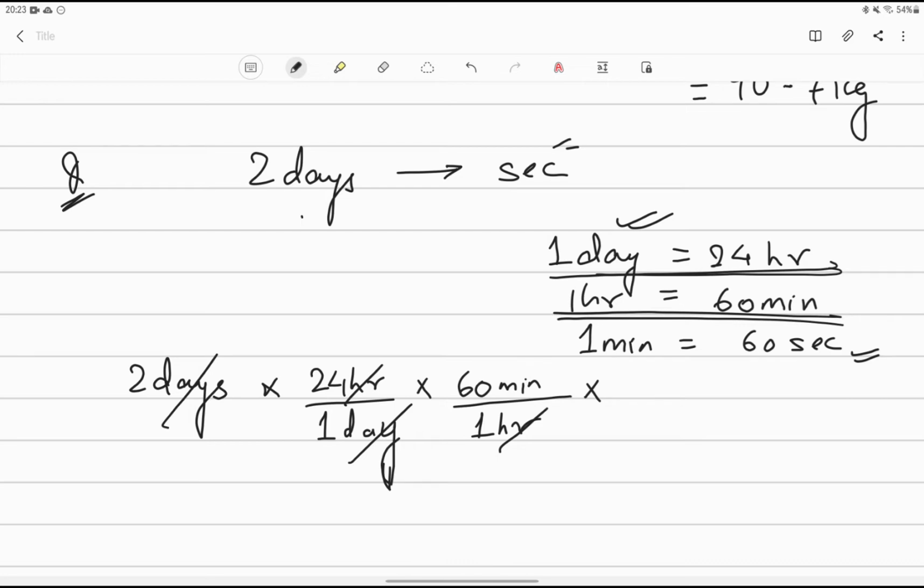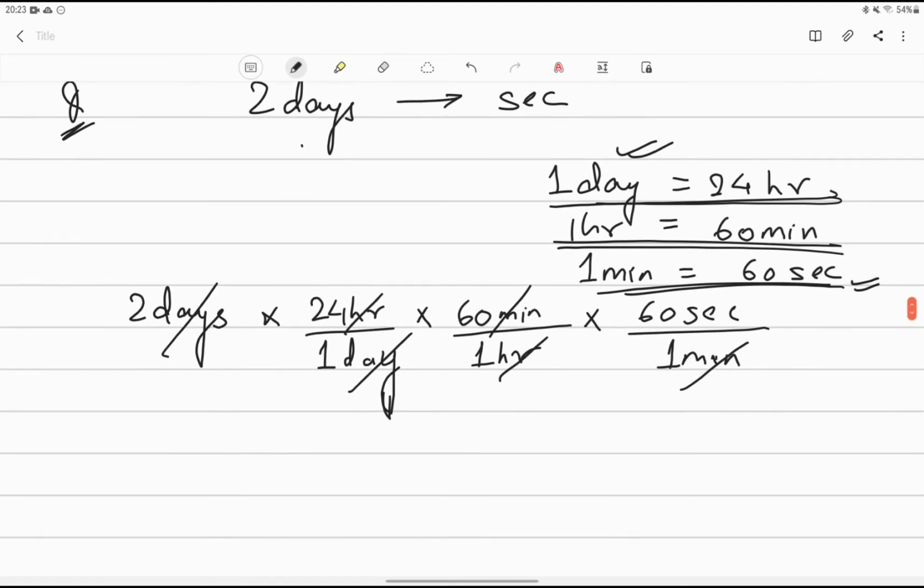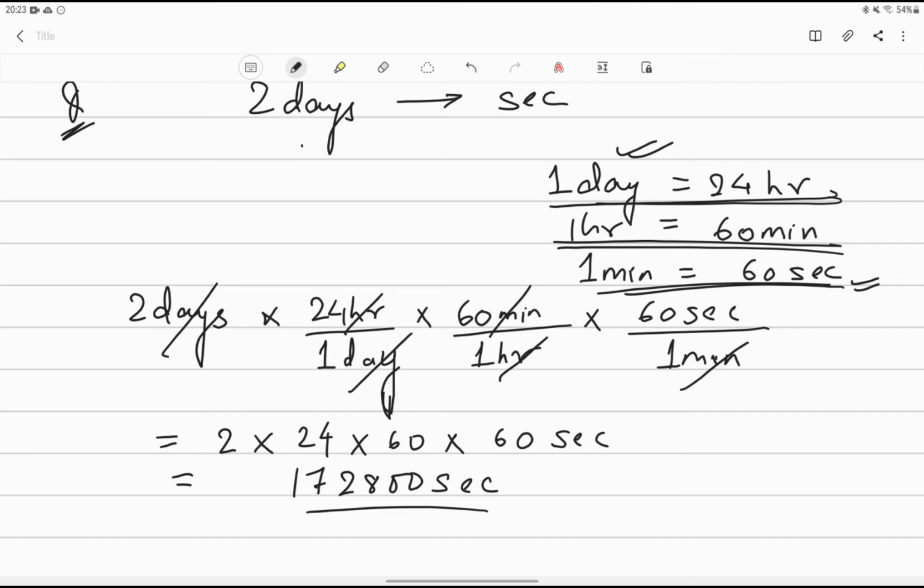So to cancel out minute, I will again keep the second in the numerator and minute in the denominator. So minute gets cancelled. Now I just have to multiply all these, and after multiplication I will get the answer. So now 2 days has this many seconds.